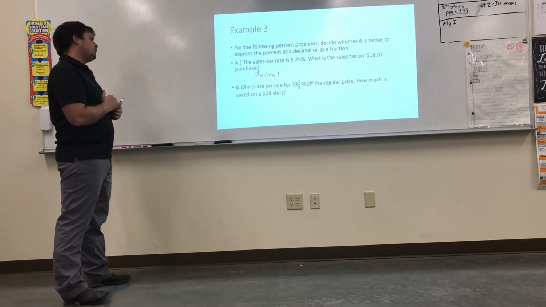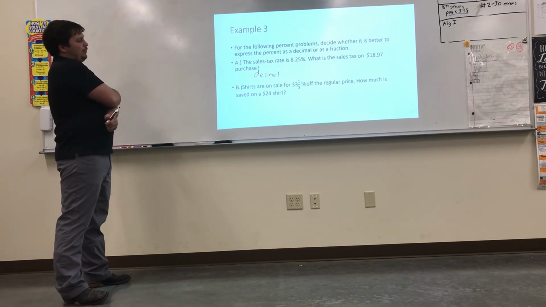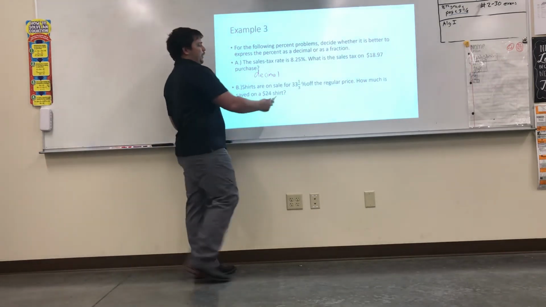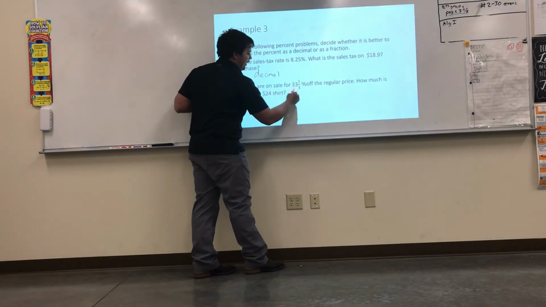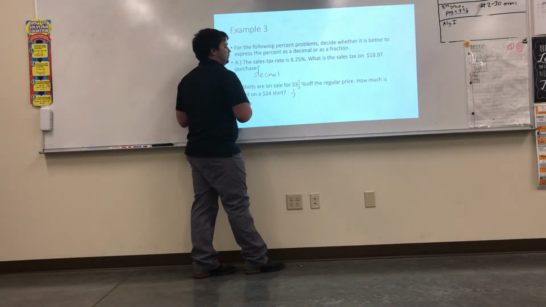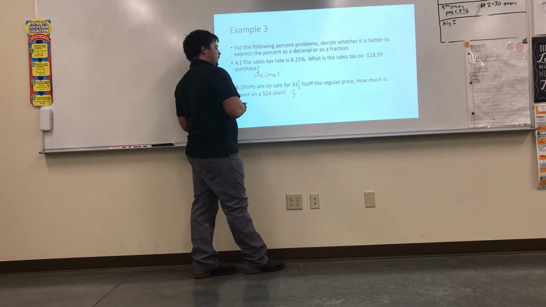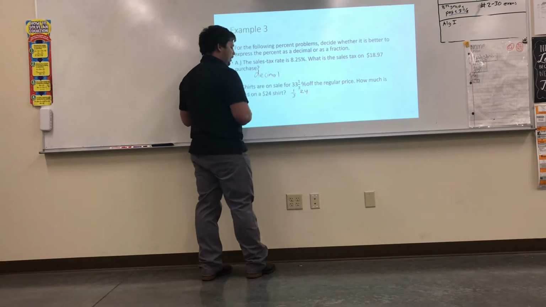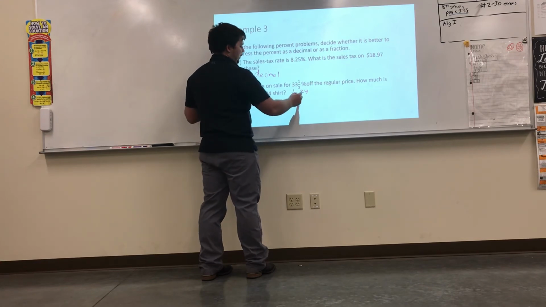Now, shirts are on sale for 33 1/3% off the regular price. How much is saved on a $24 t-shirt? Well, 33 1/3%, we know that is 1/3. So 1/3 doesn't scare me too bad, because now I multiply it by 24.